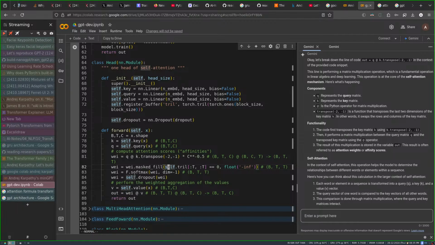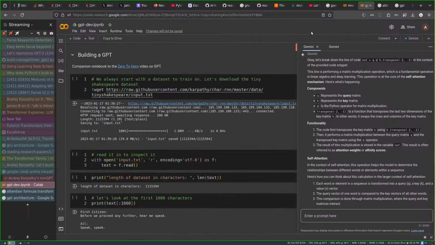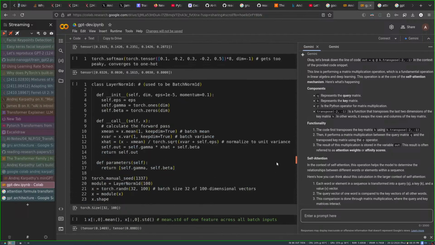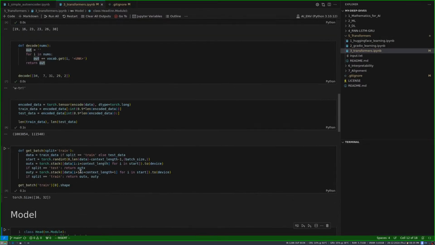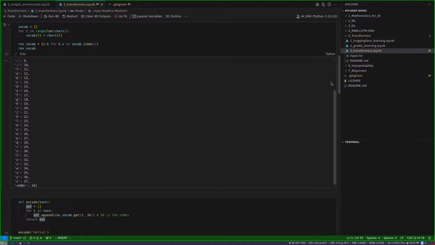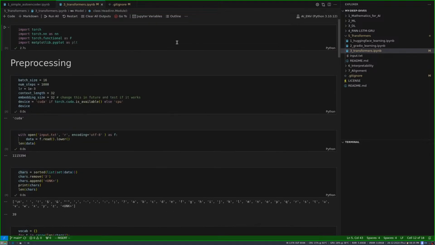Well, what do you mean? What asset and then dot function. Okay.